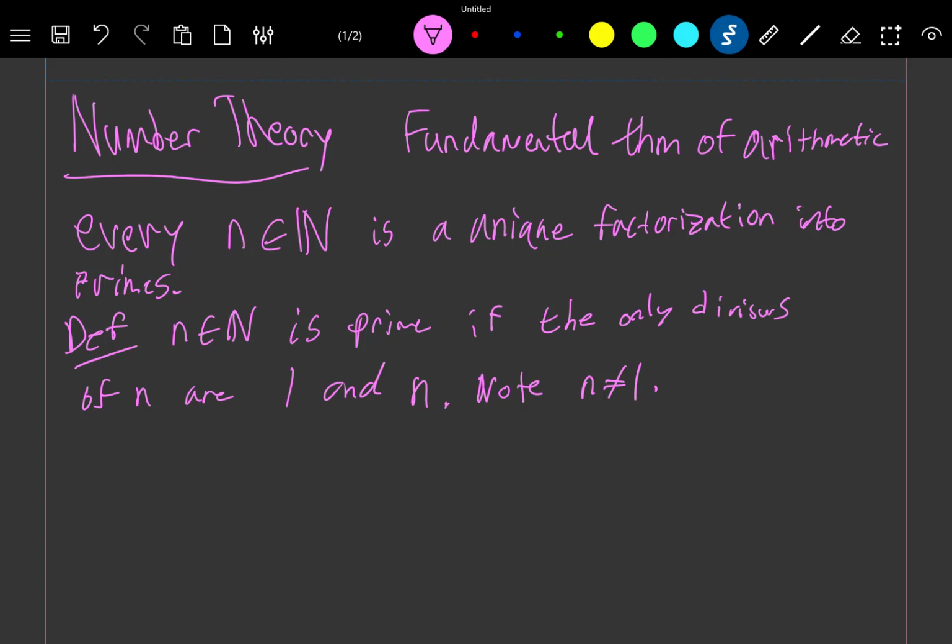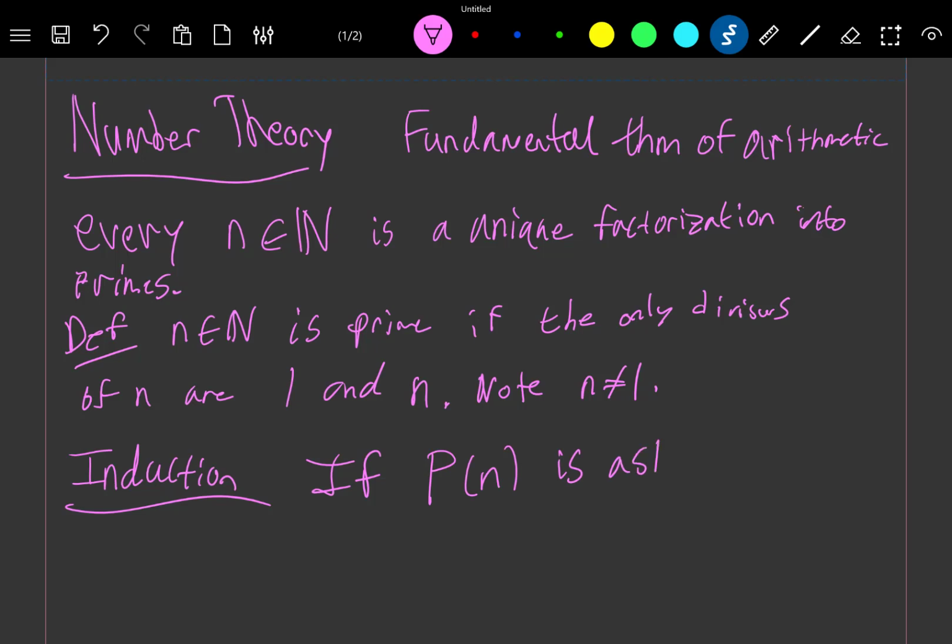So this is what a prime number is. And we're going to go and prove this using induction. So let me first state what induction is.